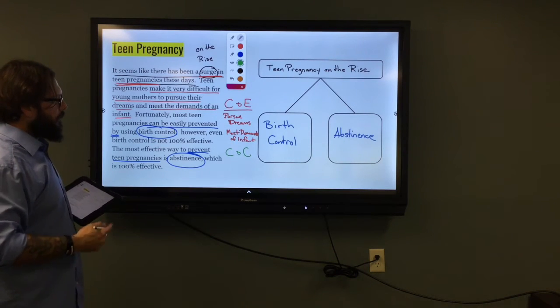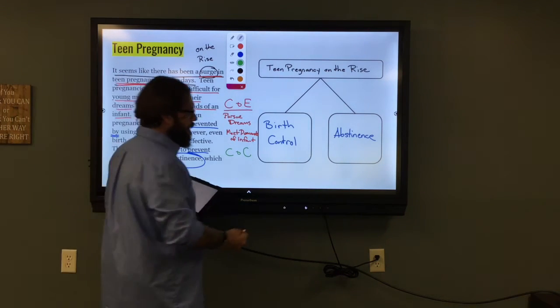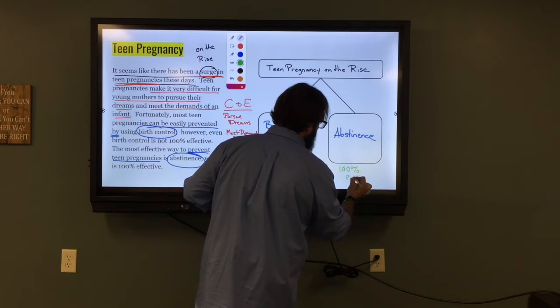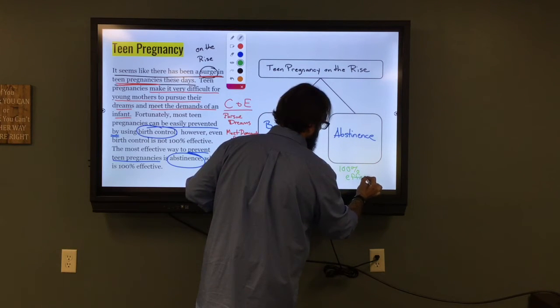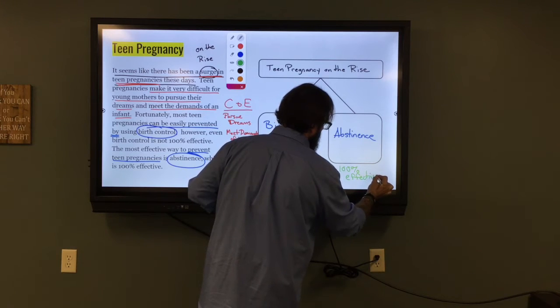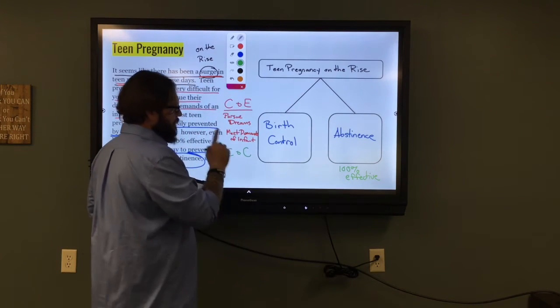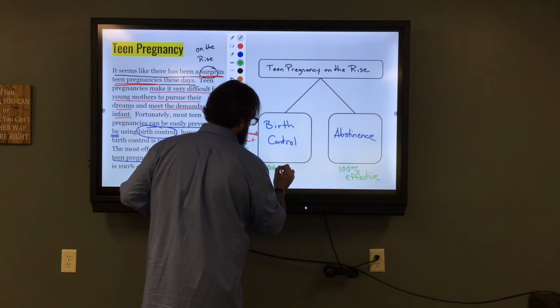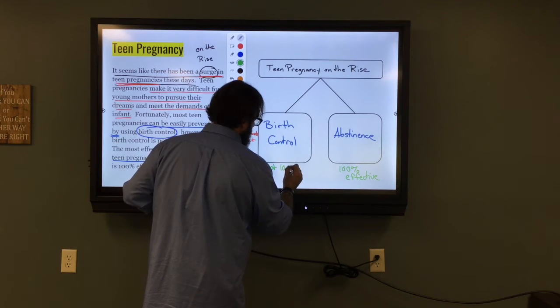Okay, so how are they compared and contrasted? Well, abstinence is said to be 100% effective. Birth control is said to be not 100% effective.